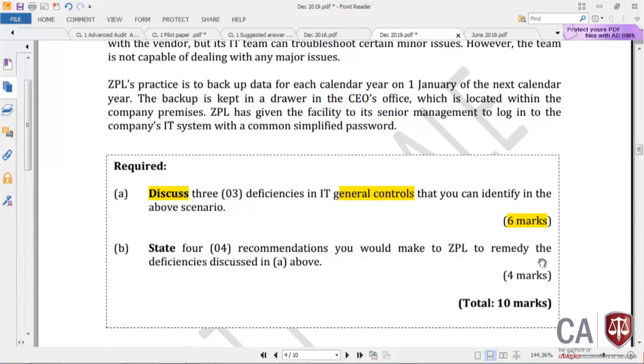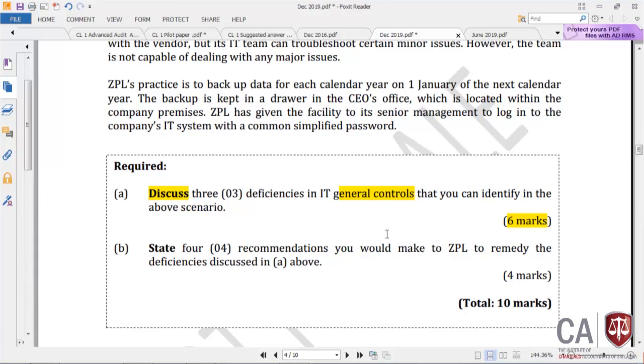The action verb is discuss, for 6 marks. You can't just write the point, you need to elaborate the answer, because the action verb is discuss. Look at the number of marks, 6 marks. That means 1 point will be given 2 marks. So you need proper writing skill to get these 2 marks, otherwise you will get only 1 mark. Discuss 3 deficiencies in IT general control that you can identify in the above scenario.